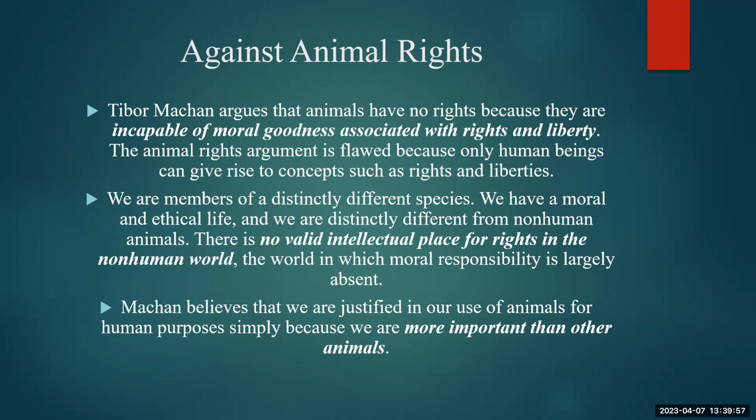If you think back to moral development with Kohlberg, right, the 6 levels, animals really don't even start at number 1. They're friendly, sure. And if we have pets, we love our pets and they appear to love us back. They certainly love it when we're around, but they don't understand the concepts of rights and liberties and freedoms. So there's really no valid intellectual place for the rights of animals in a non-human world.